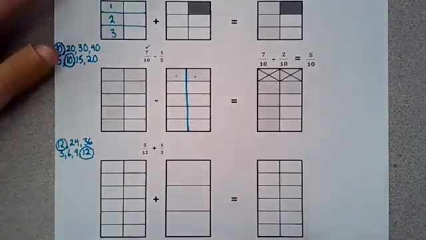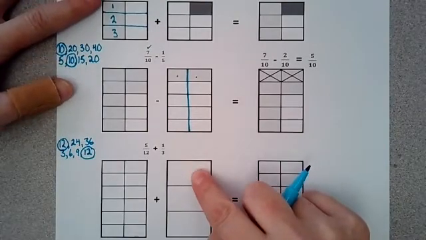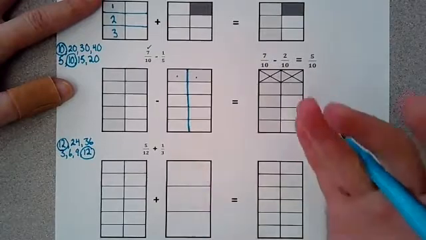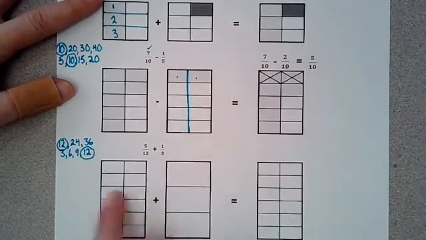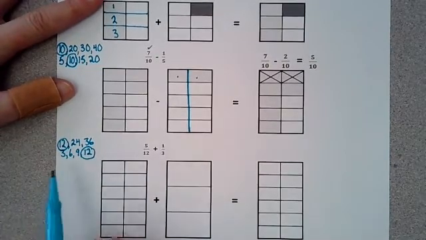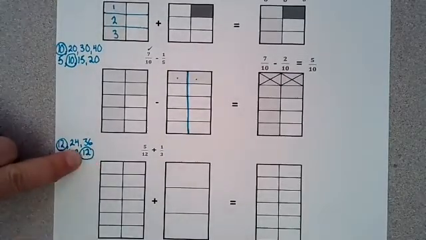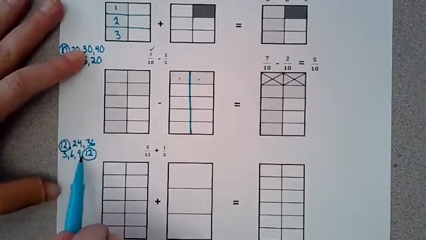So what you have to do is think to yourself, okay, I have a third and I want to take this third and divide it so that it is now in 12 pieces instead of in 3 pieces. So you're going to have to divide it so it's in 4 sections. 1, 2, 3, 4.